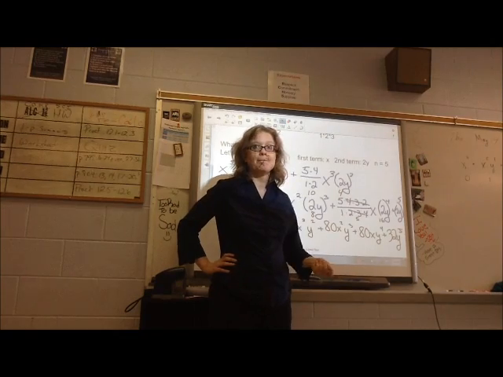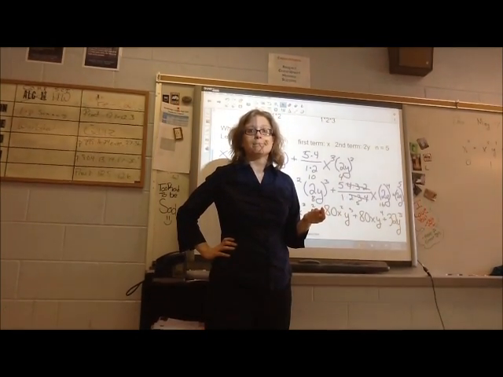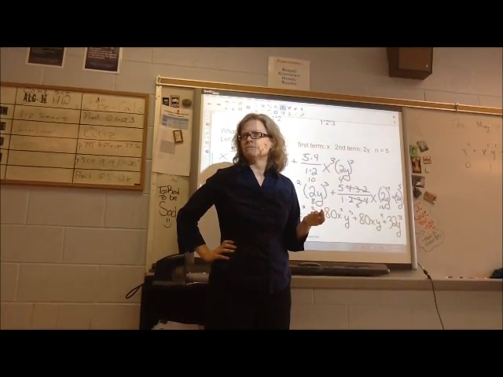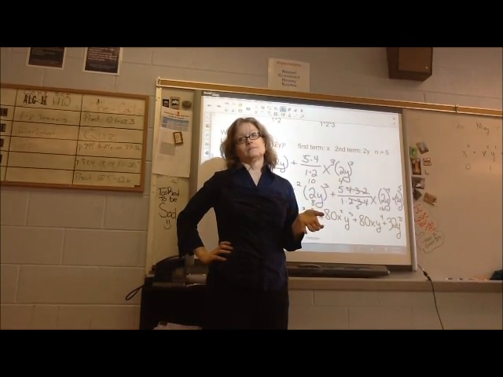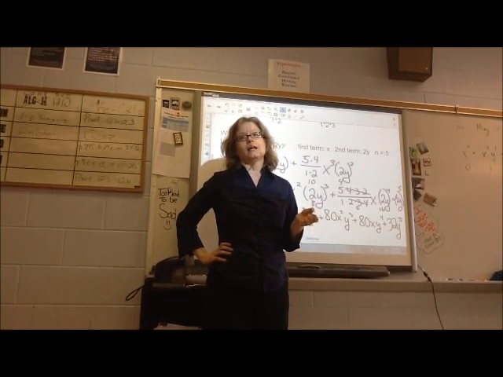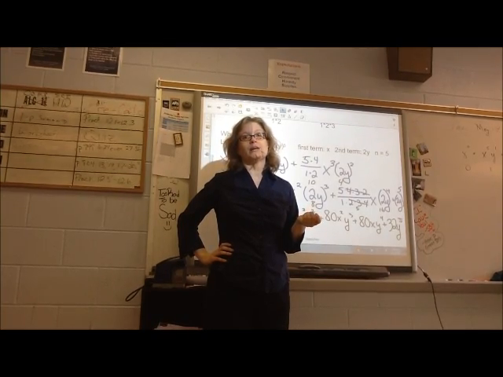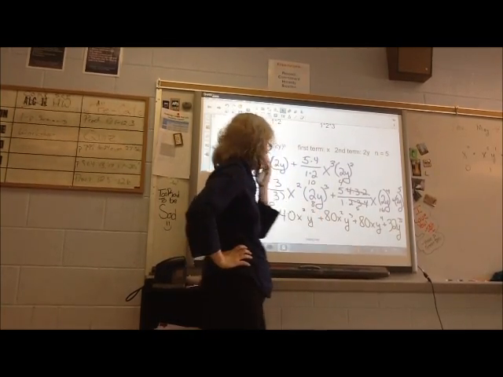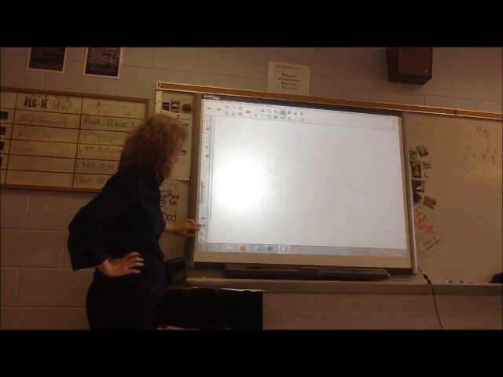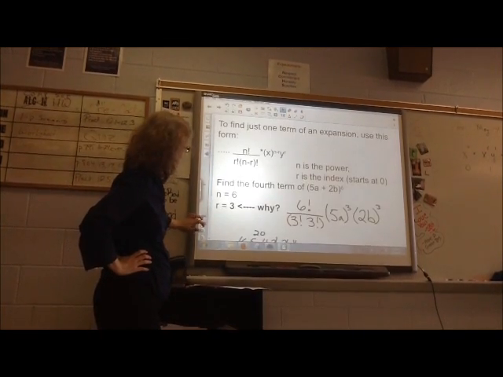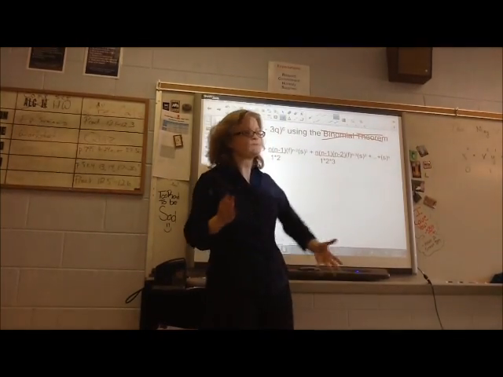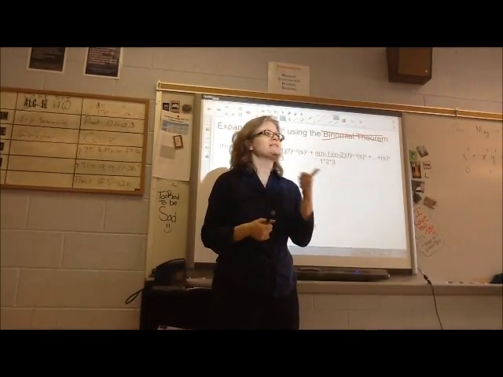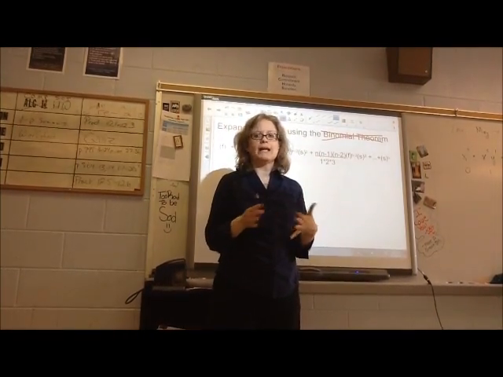This can go on forever, but I couldn't give you a paper that went on forever. All right, so in order to do this, we are going to find the 6th row if you start counting at 0, but I don't worry about that.